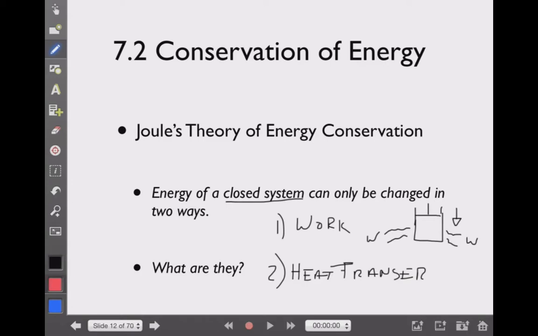And in this case, if you can think of this as a control volume, we might be considering this little thing right in here, the control volume. So any work that we do on that control volume or any heat transfer that we either put into it or extract from it are going to change the energy of that system. So work and heat transfer are the two ways.